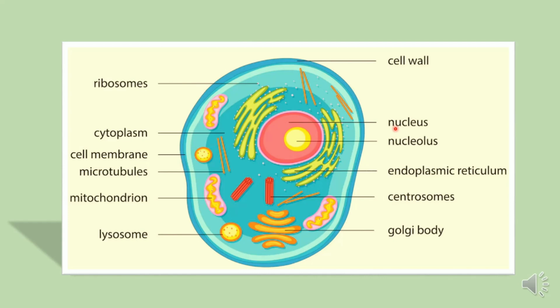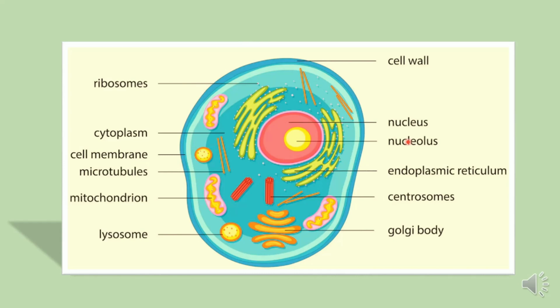Within the nucleus there is a tiny spherical body called nucleolus. It also carries an essential structure called chromosomes. Chromosomes are thin and thread-like structures which carry another important structure called genes, and genes are the heredity unit of organism.